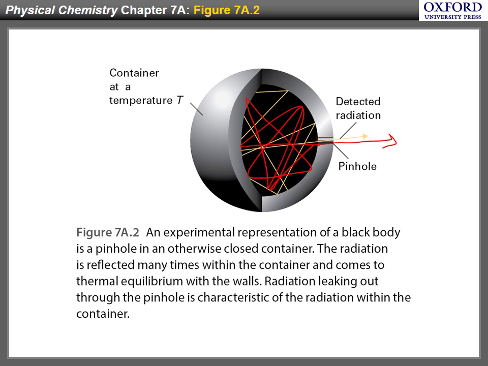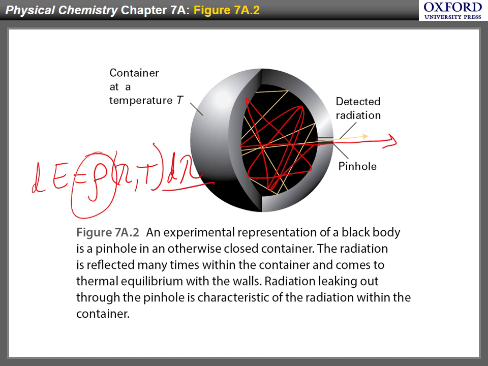Now, to model this, the 19th century scientists derived an equation in which the energy emitted, delta E, is rho, which is a function of lambda and temperature, times delta lambda, okay? And rho is generally known as the density of states, and it's represented as joules per meter to the fourth power.